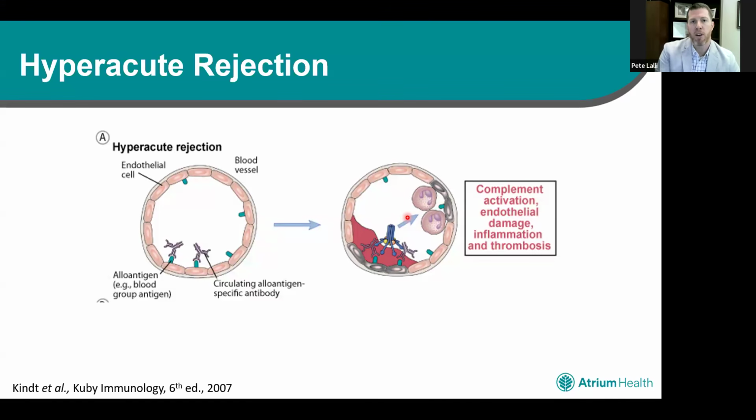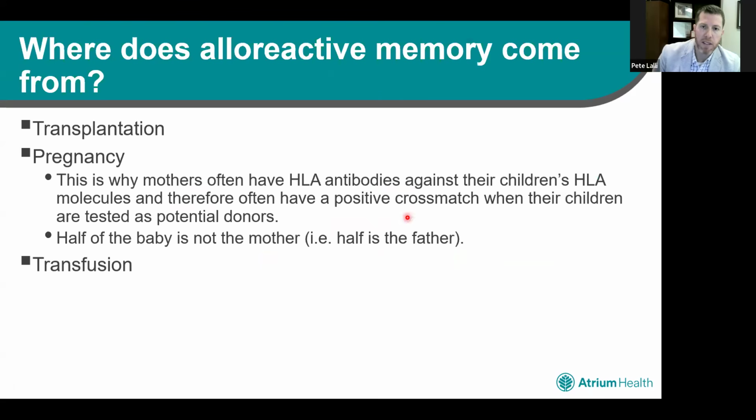So when we have hyperacute rejection, what's actually happening is this immune response leads to a widespread thrombosis, and the blood inside of the donor organ just ends up clotting and kind of chokes off all the blood flow and makes it so that the organ becomes devoid of oxygen and nutrients and can die off fairly quickly. So ideally, this is not what we want to see.